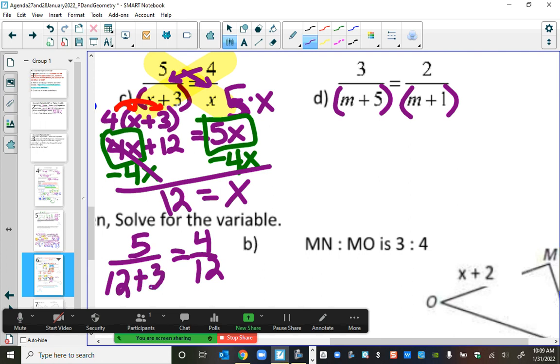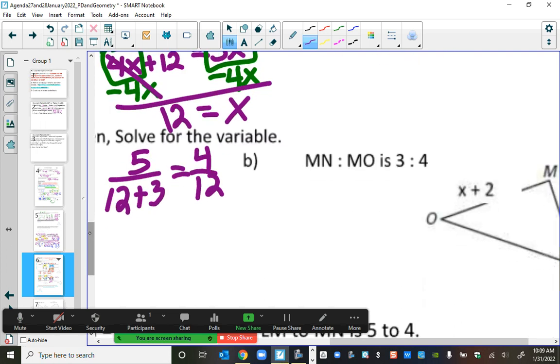Now if you check 4 over 12, it's going to be the same as 5 over, well, what's 12 plus 3? You don't need to do this part, but what's 12 plus 3? 15. You can always check though. And 5 over 15 would be the same as 4 over 12. So you can always check it. You should get the same result.